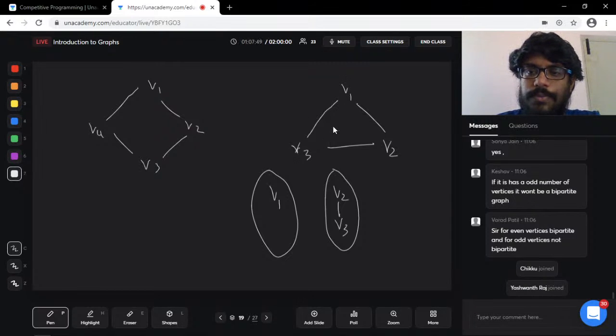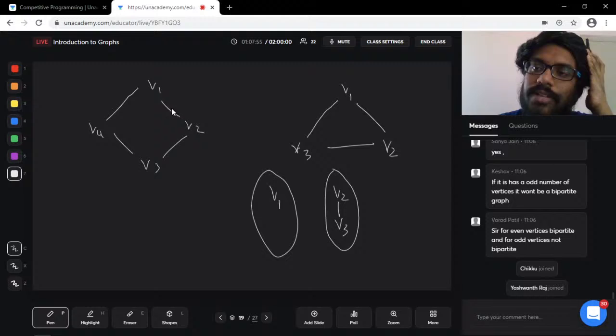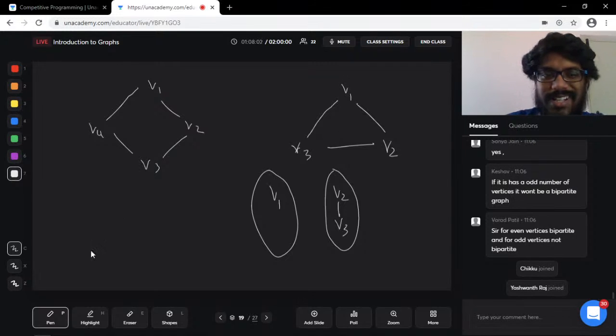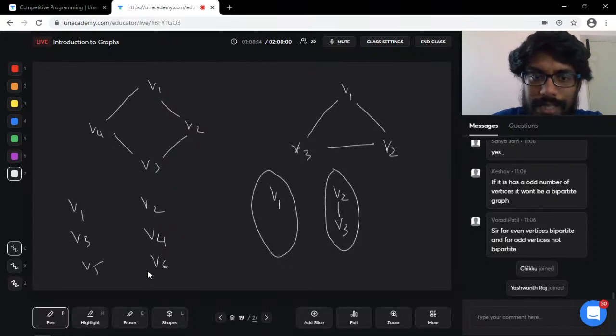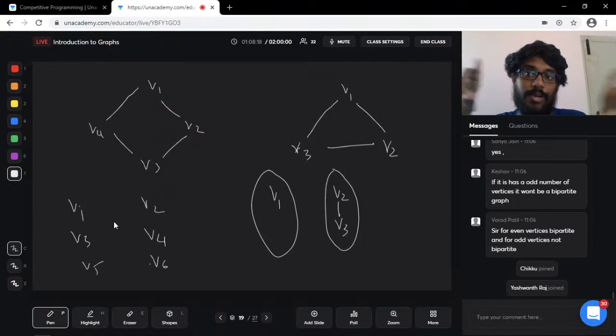In particular, whenever there is an even number of edges, the cycle will be bipartite. But an odd number of edges will not be bipartite. Why is that? V1 has to be on this side, V2 on this side, V3 on this side, V4 on this side, V5, V6. If I end here, then the edge between V6 and V1 goes between different sides.